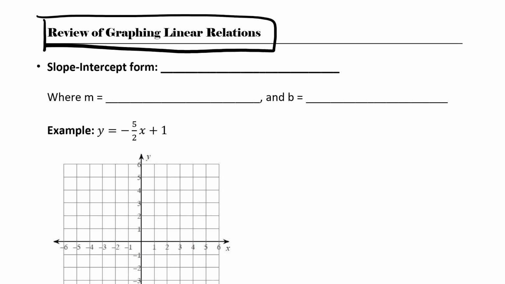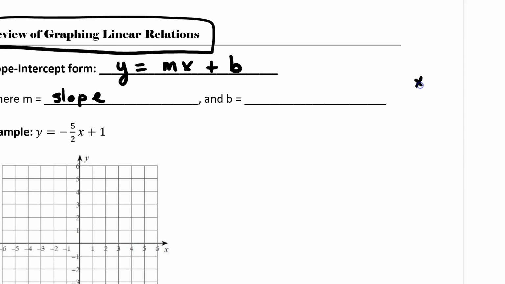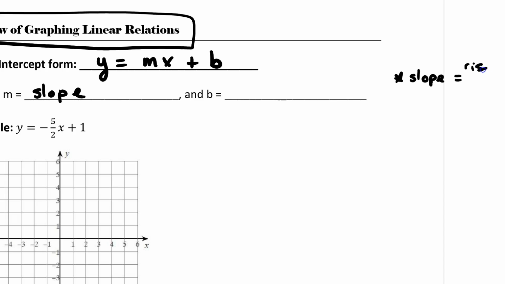So from grade 10, the slope-intercept form is y equals mx plus b, where m is the slope. Now I'm just going to go off to the side here. Slope can be represented in a few ways. It can equal rise over run.